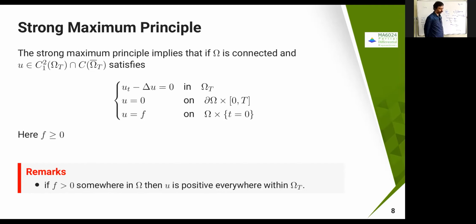Then if f is positive somewhere in omega, it is going to say that u is positive everywhere within omega_T, because you are starting at t equal to 0. So omega_T is nothing but omega cross 0, t. Therefore, if f is greater than 0 somewhere in omega, then u is going to be positive everywhere within omega_T.